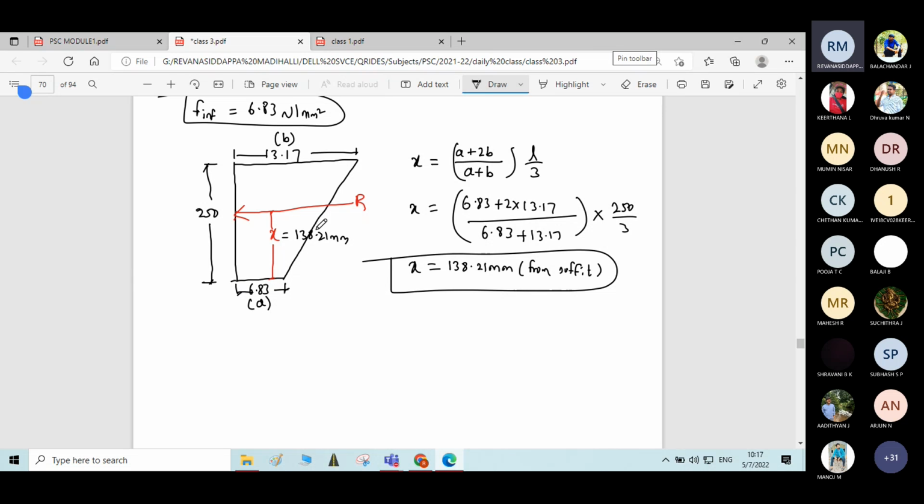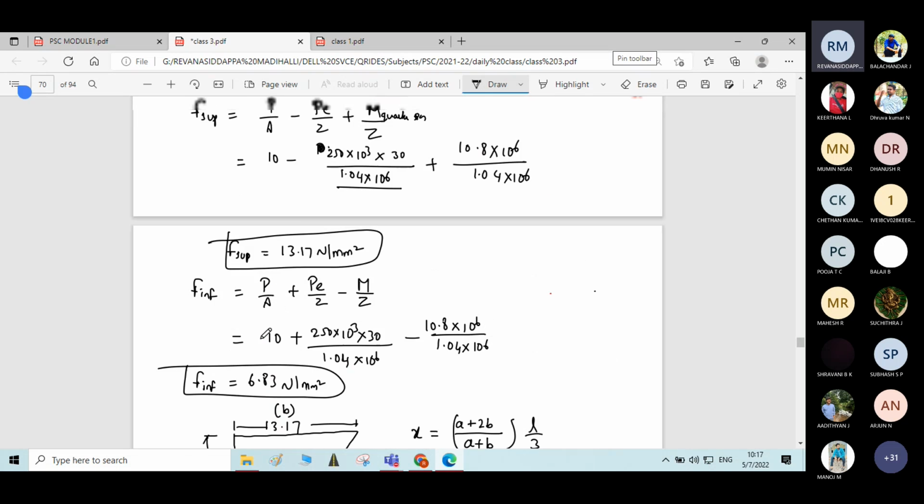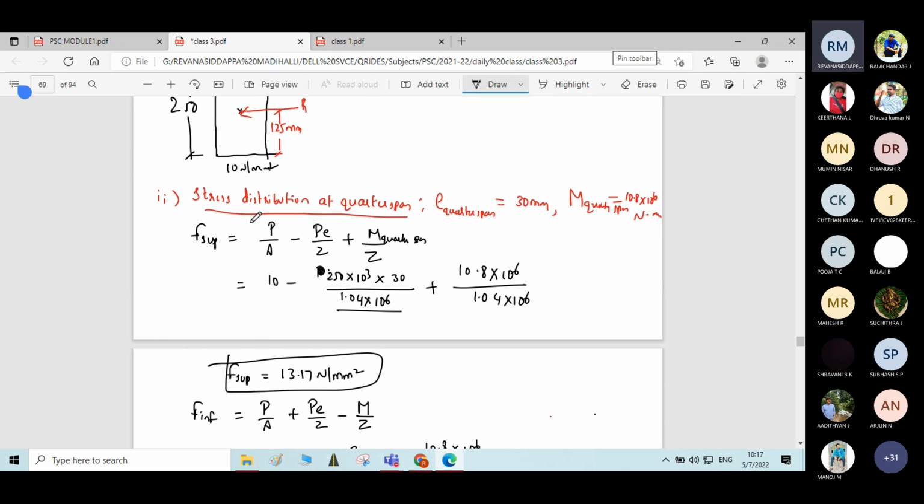Now we have got the distance of the thrust line from the soffit of the beam at the quarter span. Similarly, we have to do the calculation for mid span.